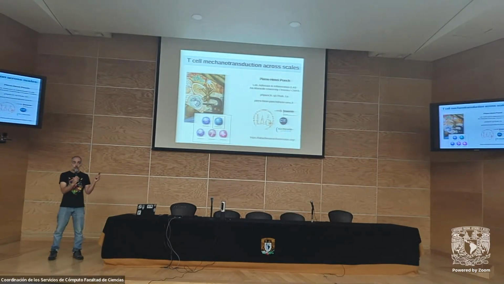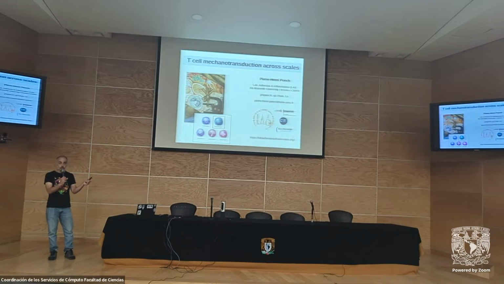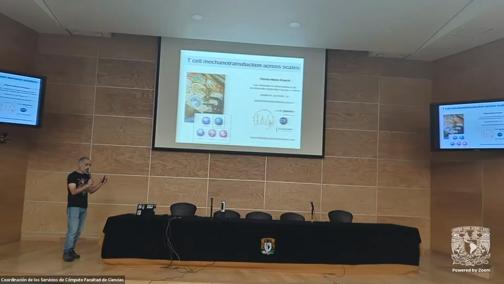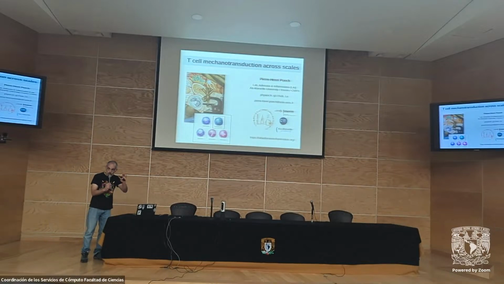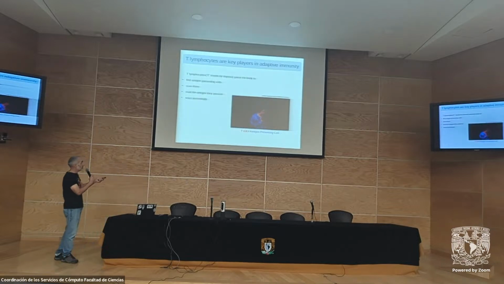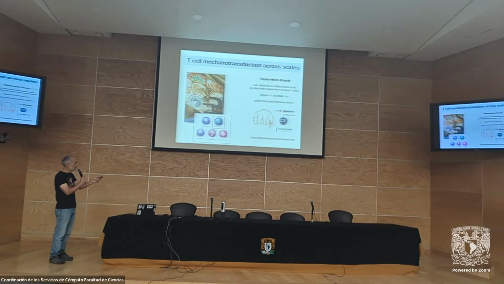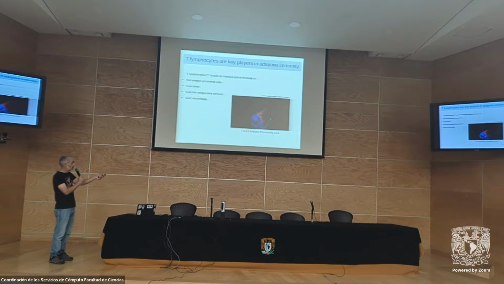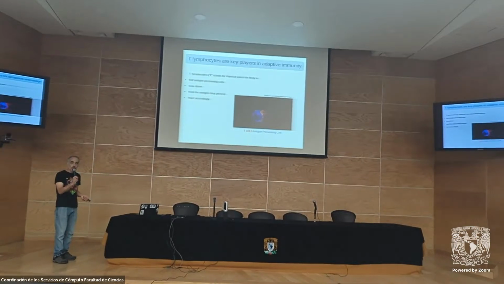As for the talk of Jay Gross at the beginning of the week, and the talk of Laurent yesterday, this is the same kind of cells. So I will simply summarize very briefly. First, the role and action. Again, the same video that we've seen during the talk of Jay. A T-cell scans an antigen-presenting cell.